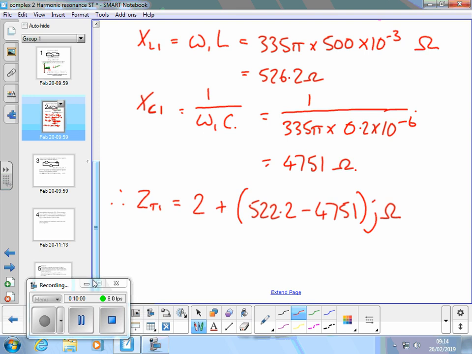Now, because we want to calculate current using Ohm's law, it would probably be better to put that in polar form as well.